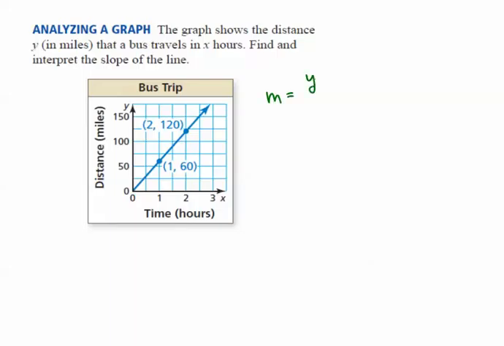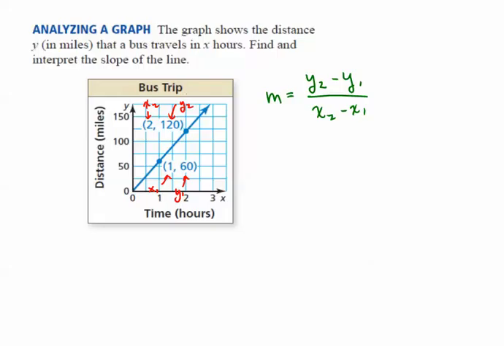slope formula. M is equal to y2 minus y1 over x2 minus x1, and we're simply going to label from left to right x1, y1, x2, y2, and fill in the values here.